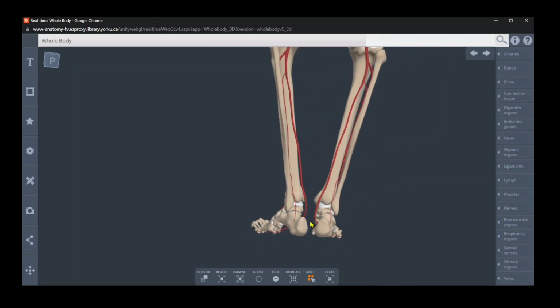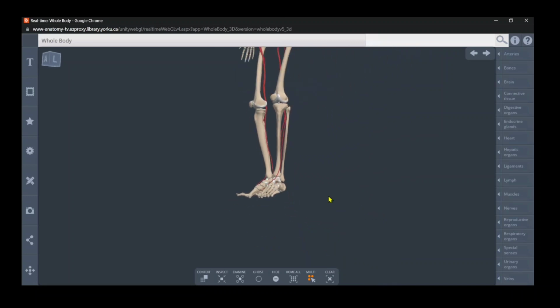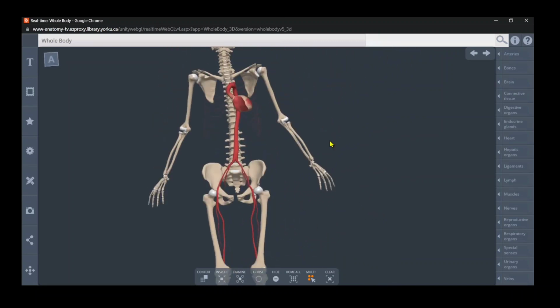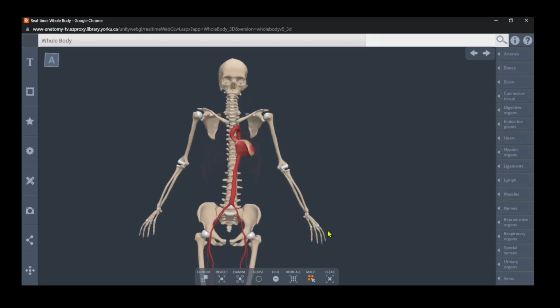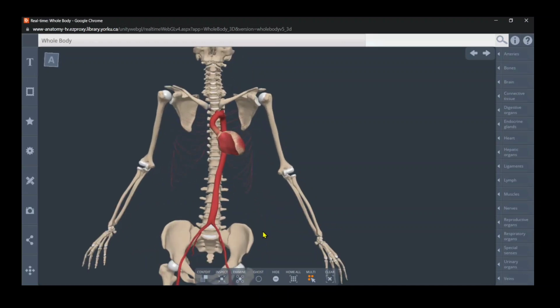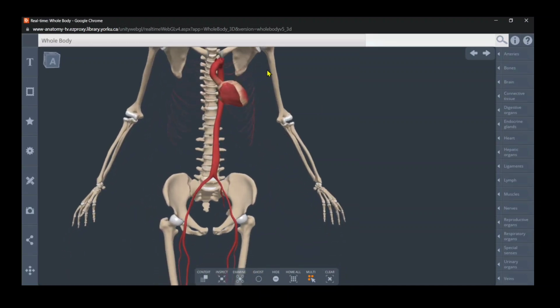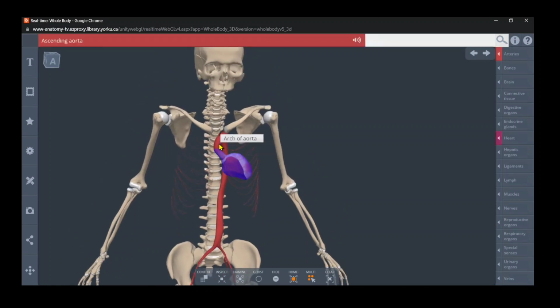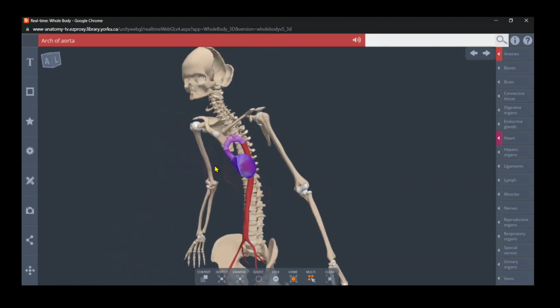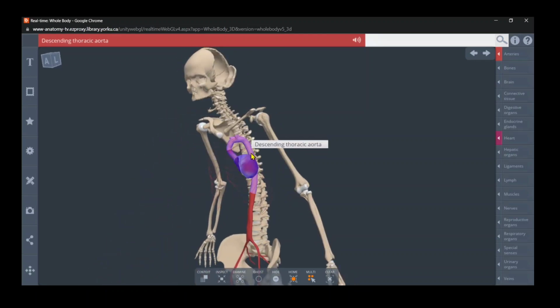And I think that covers all of the lower limb. Yeah, that's it. But just to quickly review one more time, okay? Left ventricle, ascending aorta, arch of the aorta, then you go to the descending thoracic aorta.